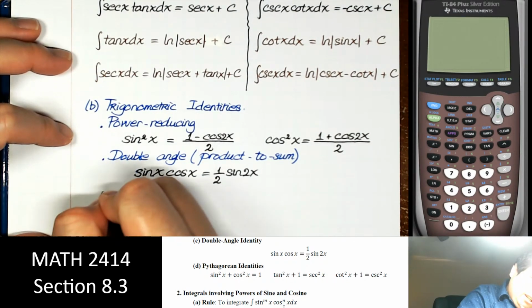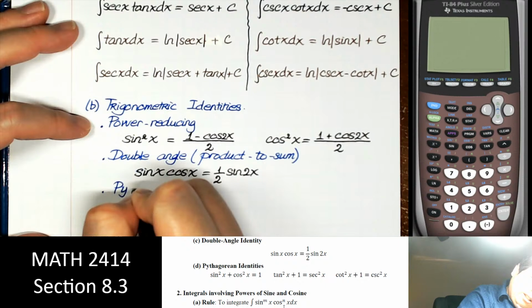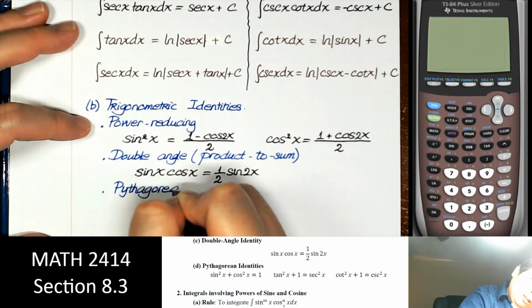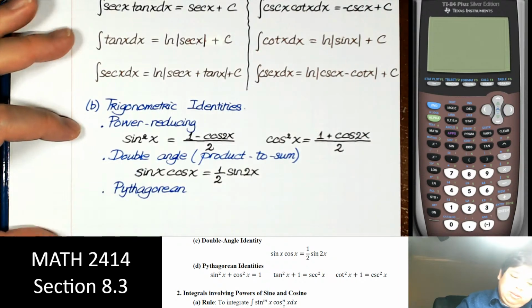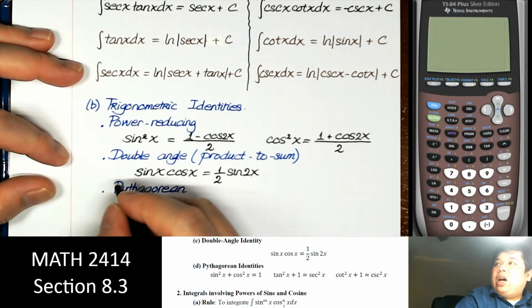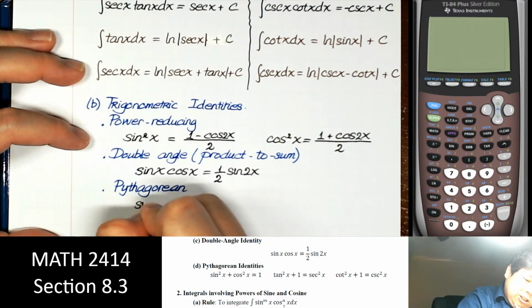And then next, Pythagorean identities. Cosine squared plus sine squared is 1.